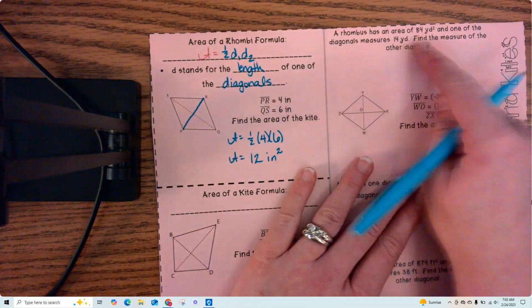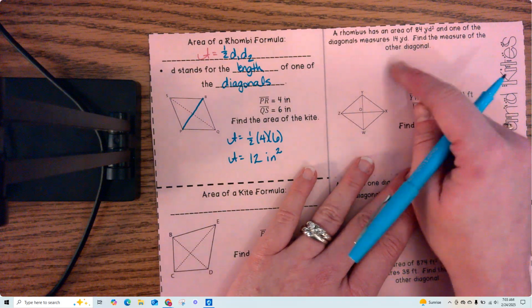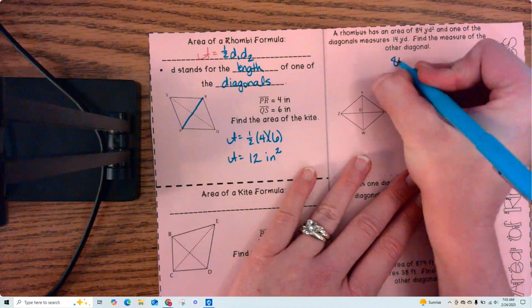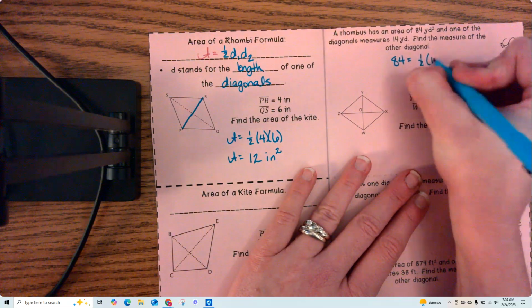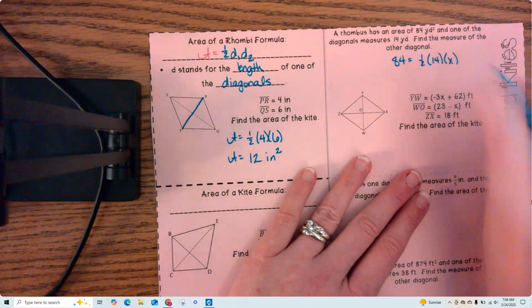Okay, a rhombus has an area of 84 yards and one of the diagonals measures 14 yards. Find the measure of the other diagonal. So we can still use this formula, but we know the area this time. We know one of the diagonals. What we don't know is the other diagonal.